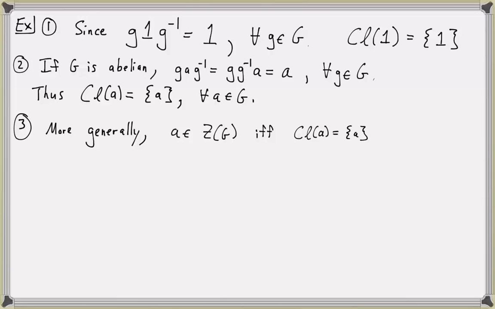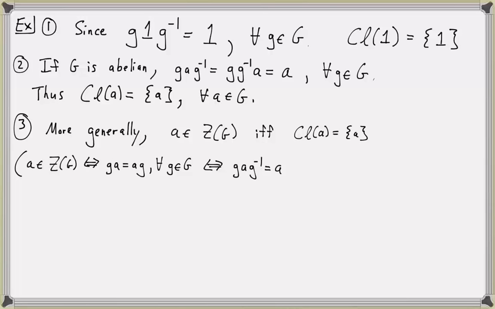To work this out in more detail, A is in the center of G if and only if G A equals A G for all G in the group. This is true if and only if G A G inverse equals A; again, just multiply both sides of this equation on the right by G inverse.